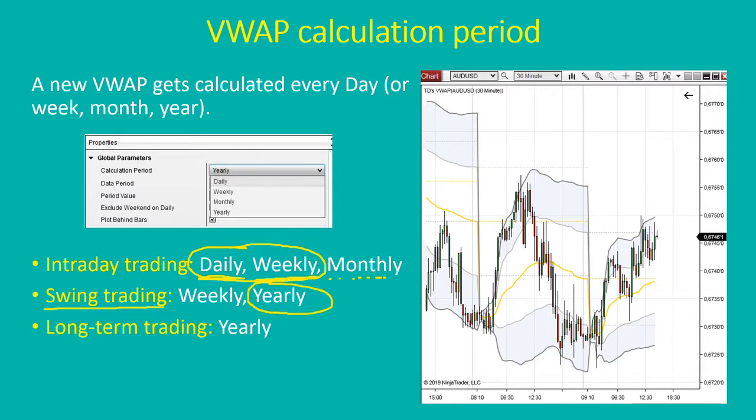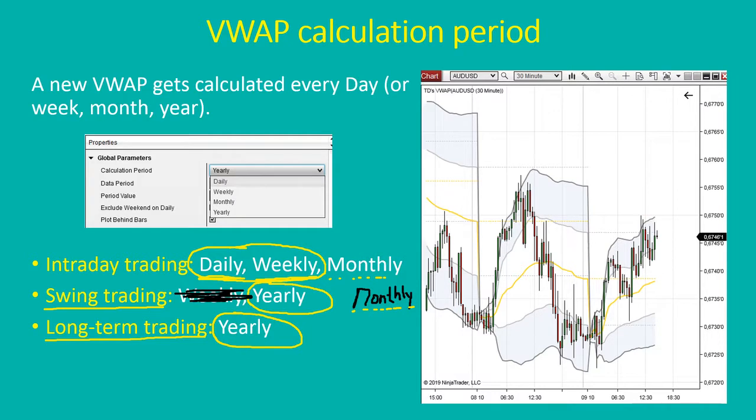You can also use monthly. Right there it should say monthly, not weekly, alright? So for swing trading I prefer yearly, or you can also go for monthly calculation period. If you are into long-term trading, long-term investing, then you definitely want to go for a yearly vwap.